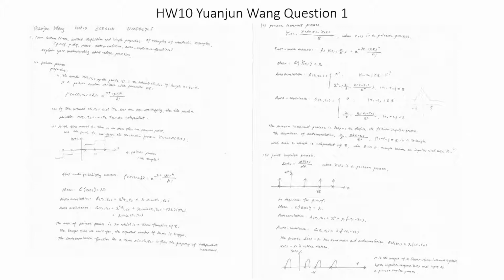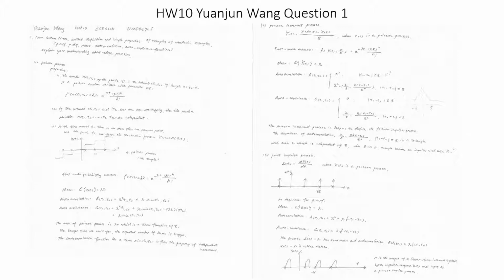The autocovariance C of t1, t2 is going to be equal to 0 when it is outside of the range, and is going to be equal to lambda over epsilon minus lambda times the absolute value of t1 minus t2 over epsilon squared, which will give us a triangle shape.